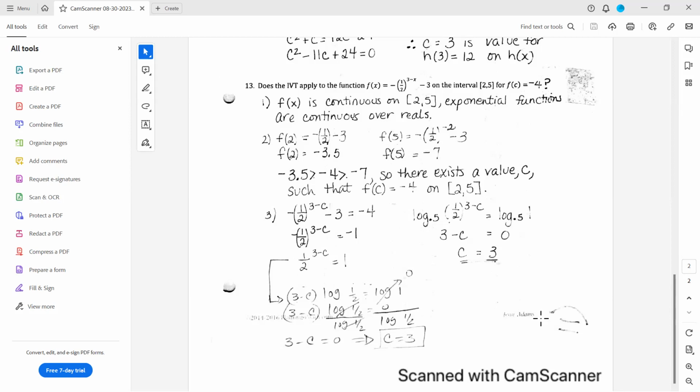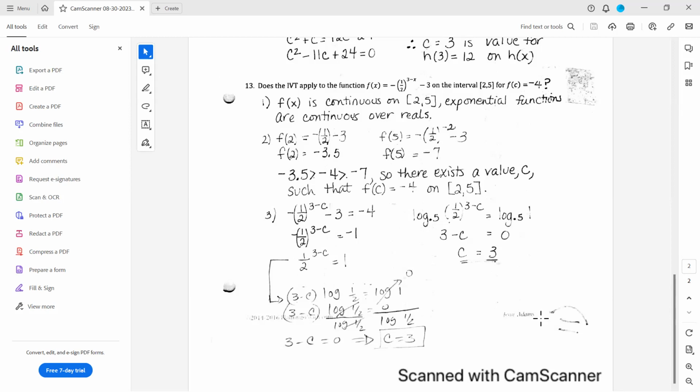Did you want me to do the C2? Yeah, so now you can say that it applies. Why? It applies because C is in between -3.5 and -7.